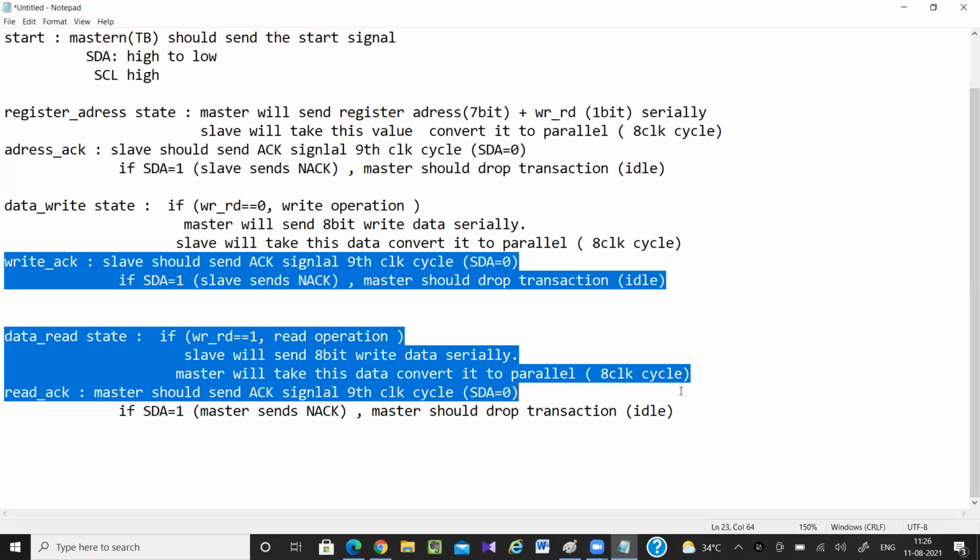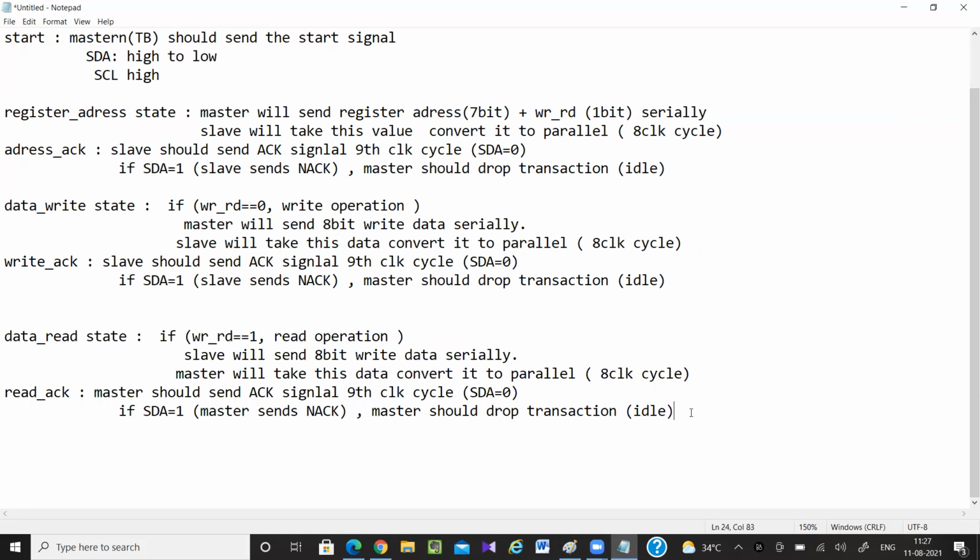Because the slave knows that after the start state, the master will send the address, then the write data or read data. If you want 64 bits, the master should send the data 8 times, and the slave should know that also. So at the start only we fix how many times we should loop it.